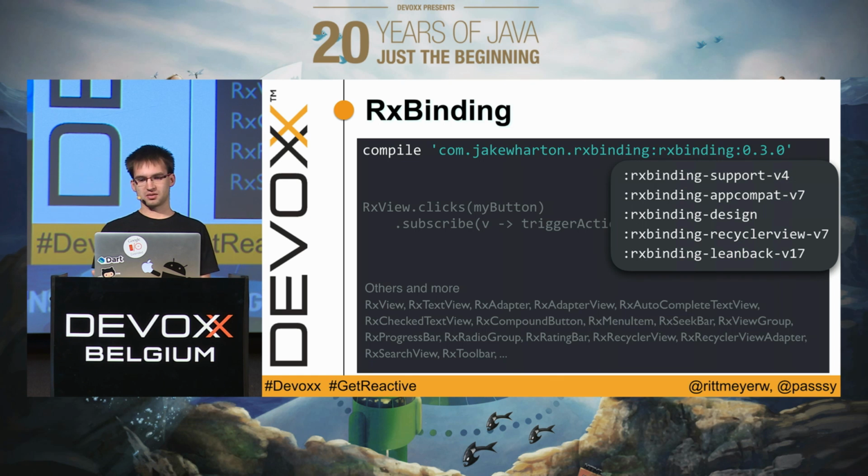And it always gets updated, and if there's a new widget which is commonly used, it will get updates too. So don't write your observables for widgets by yourself, only if you have something custom. Use this library.